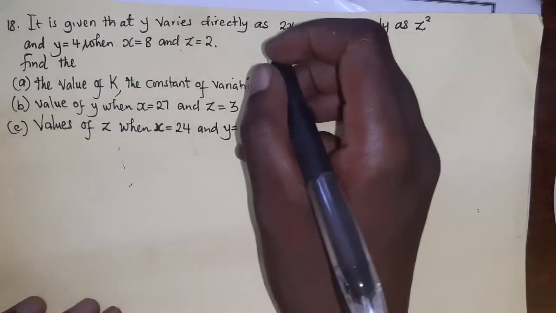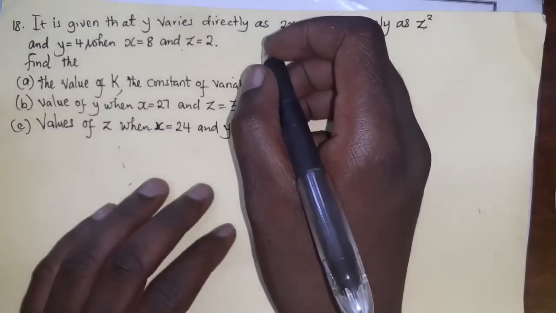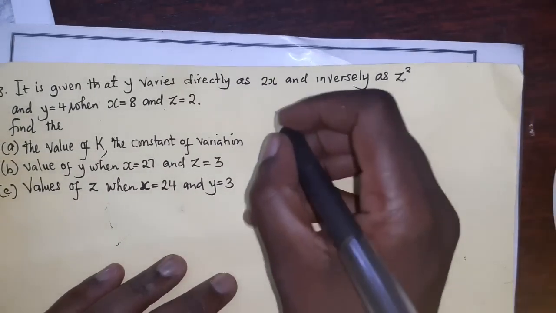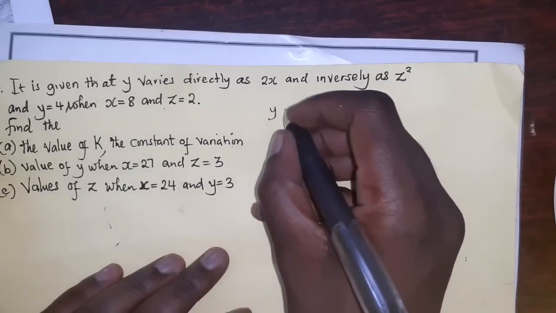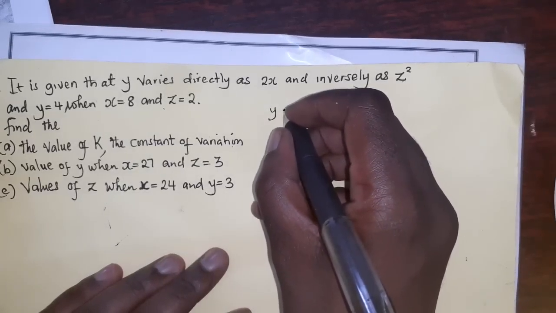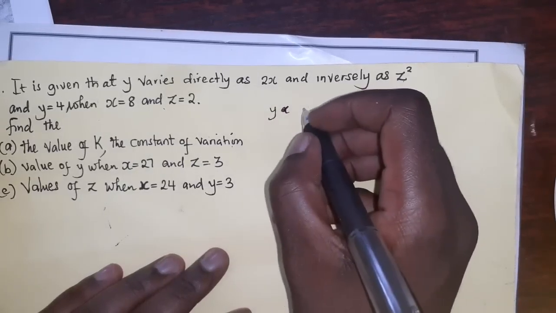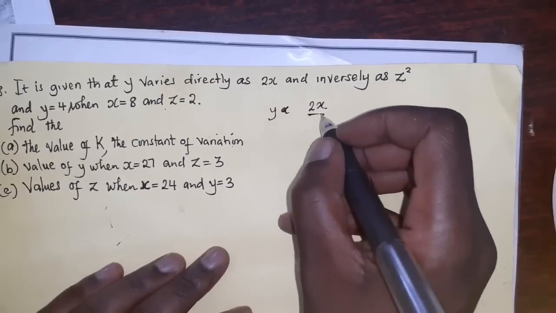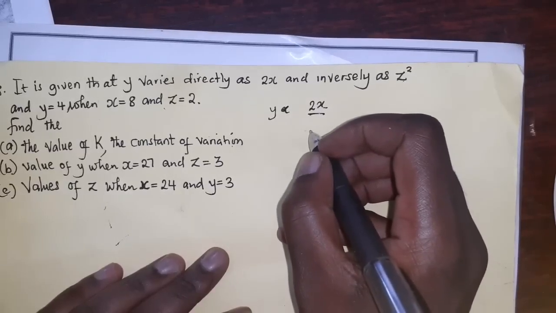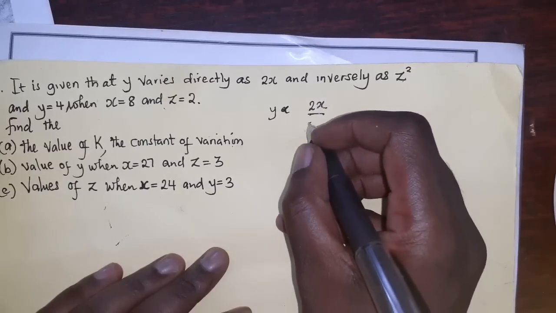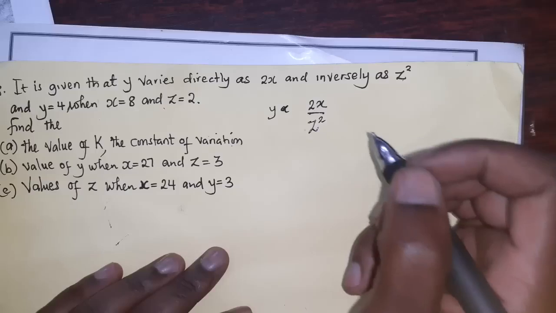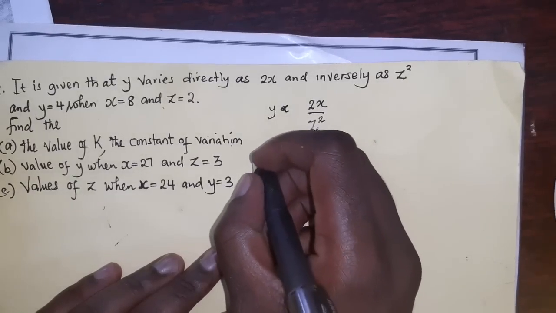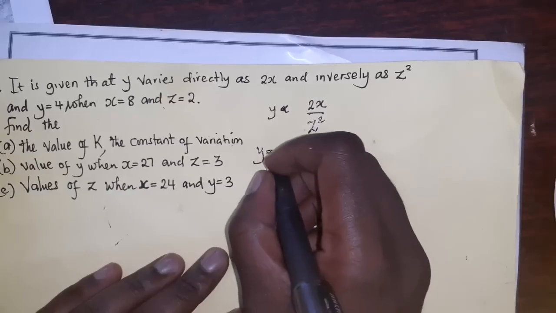So y varies directly as 2x and inversely as z squared.